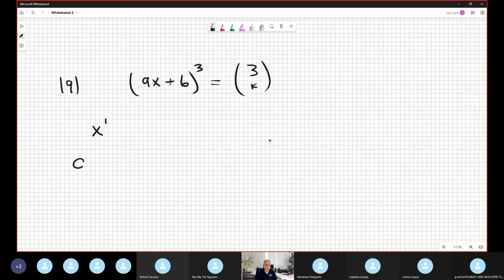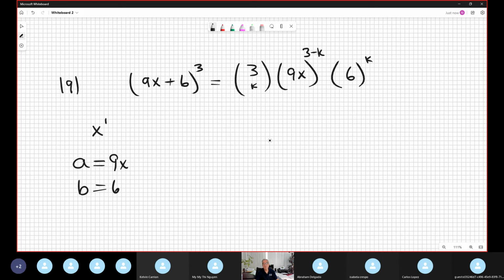So A is 9x and B is 6 in our problem. So it's 9x, that is A raised to the n minus k, that is 3 minus k. And B, that is 6 raised to the k. It's obvious that the only part that contains x is that part.